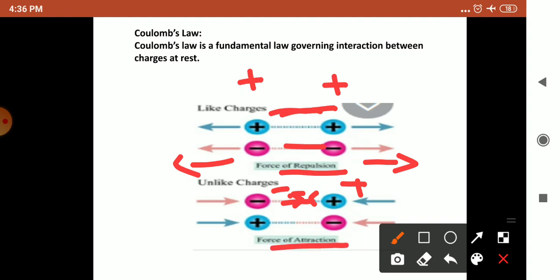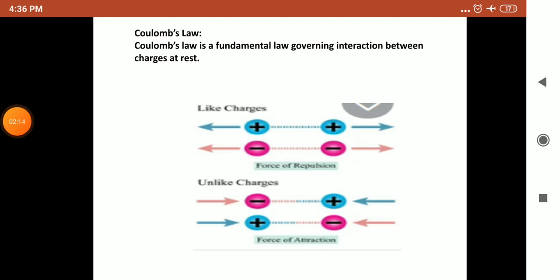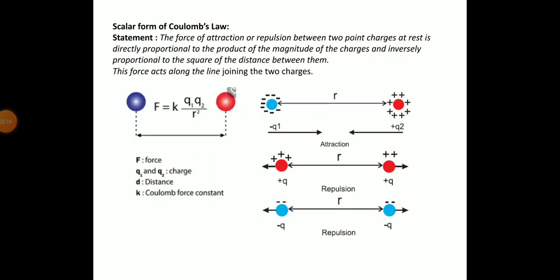So remember, when there are same charges, the interaction will be repulsive, and when there are opposite charges, the interaction will be attractive. So there will be force of repulsion and force of attraction. Next, what is the statement for this Coulomb's law?